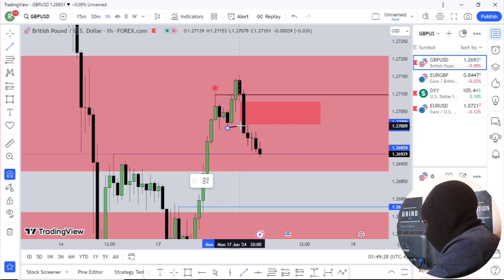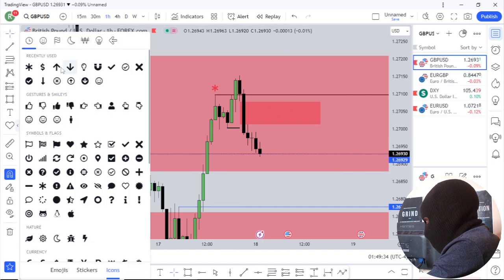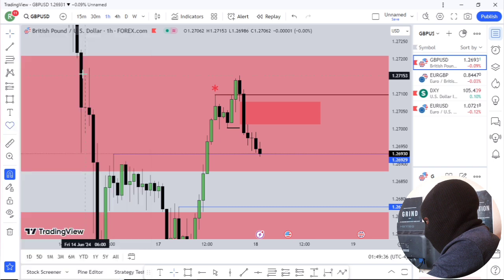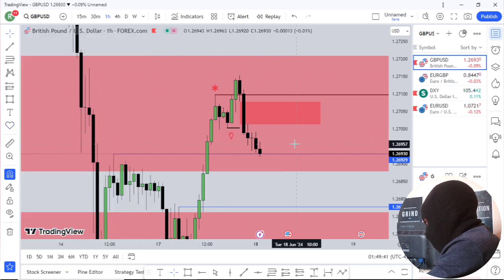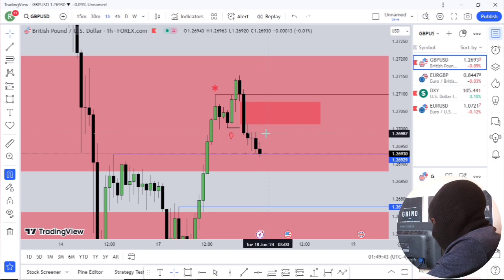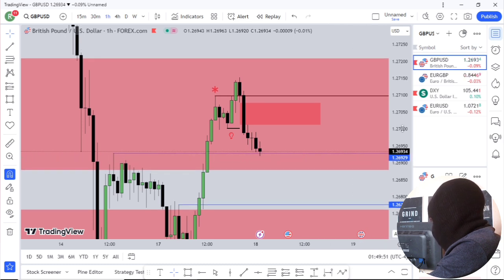On this, I'm seeing something like a shift in structure. All right, I'm seeing a shift in structure here. After this shift in structure, the market has dropped lower and we are trading within this 1 hour fair value gap. Remember, we are trading at that daily breaker.